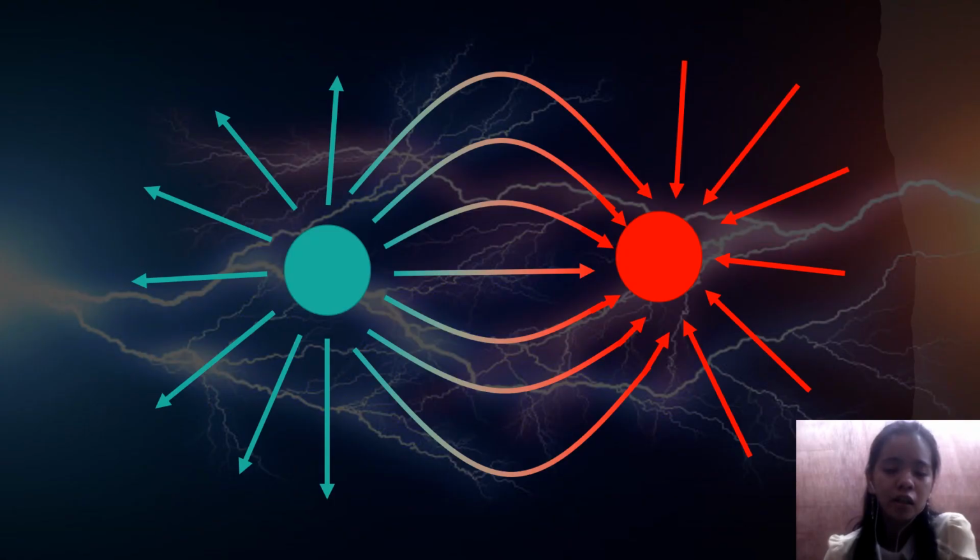So this is a positive. I told you that the green is positive and the red is negative. So this is the electric field for opposite charges. After repelling from the positive charge, it approaches the negative charge because the negative charge attracts the positive.